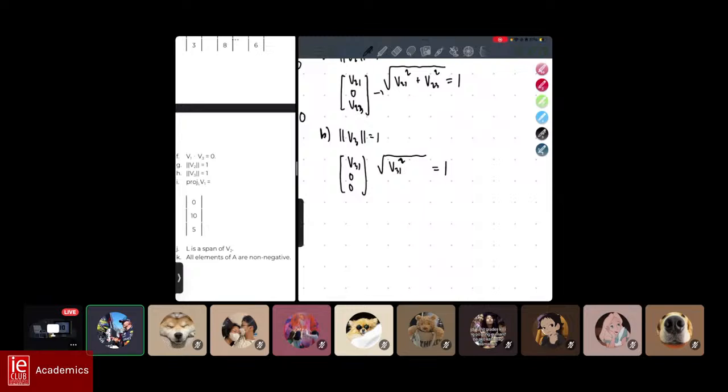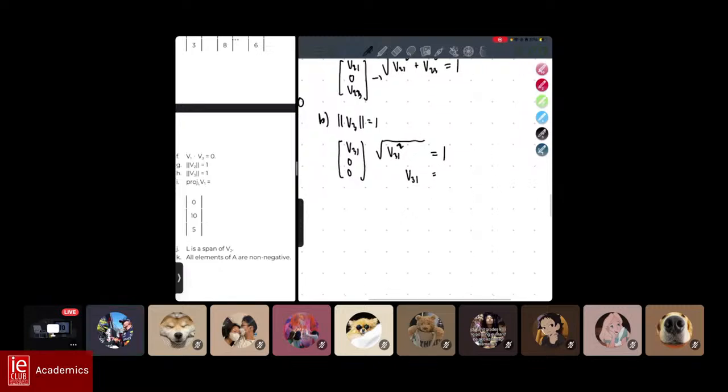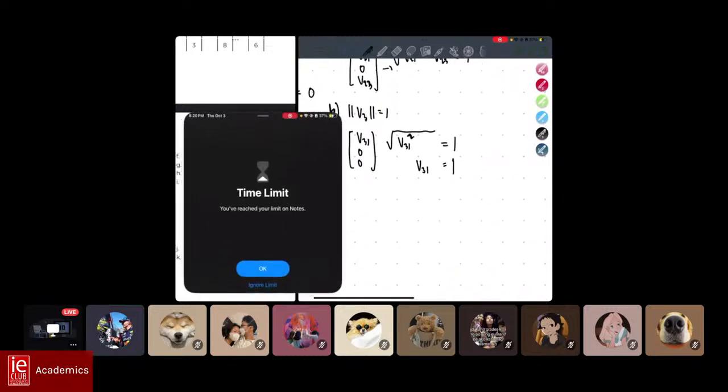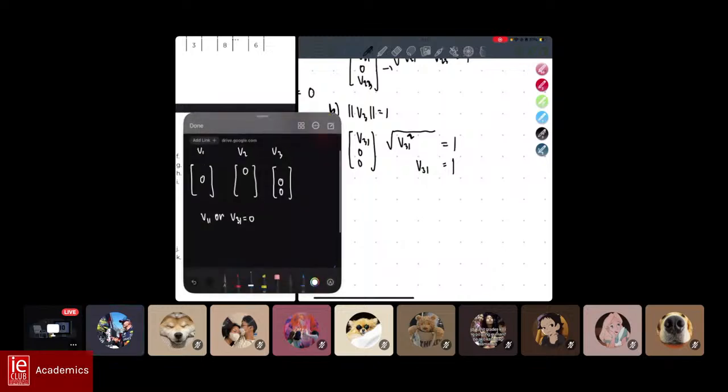The square cancelling the square root, V31 is equal to 1. So there, goods na tayo dun. So, that means now we have completed V3. Wait lang. Yan. So now, goods na tayo with V3.